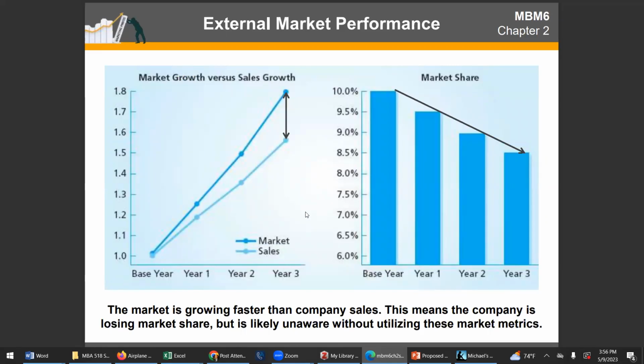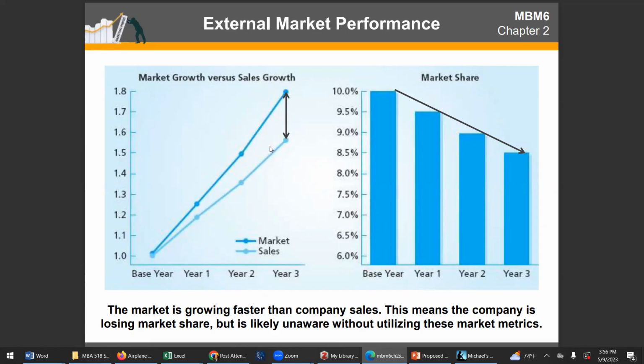Another way of depicting what's going on here for Biotronics, so this darker blue line is the market growth, the industry growth, and then you can see our sales growth. Well, you remember from algebra that this slope is higher, greater, more positive than this slope.